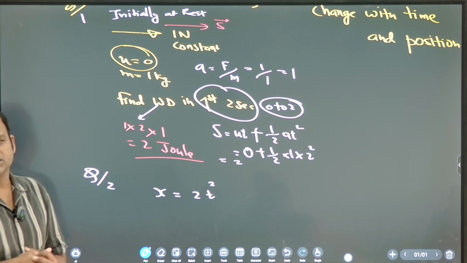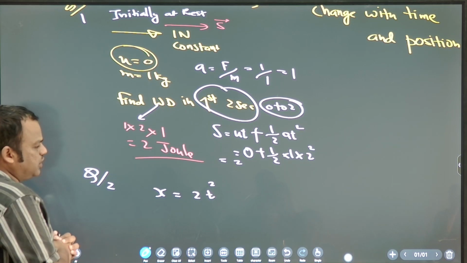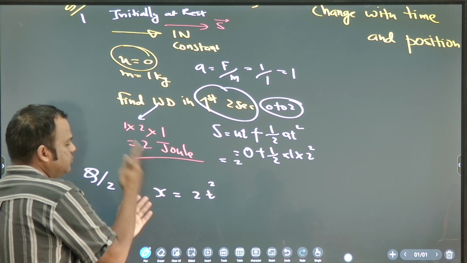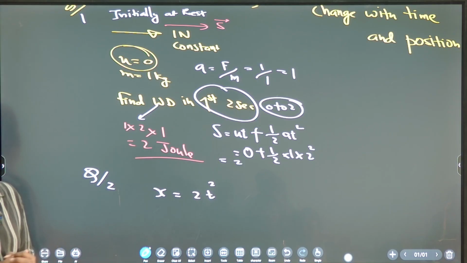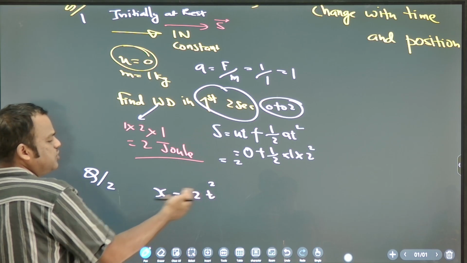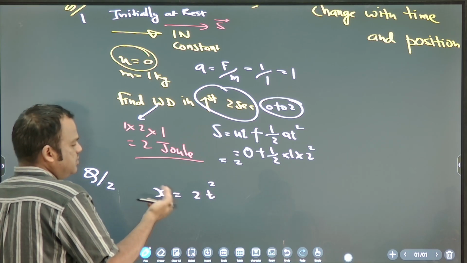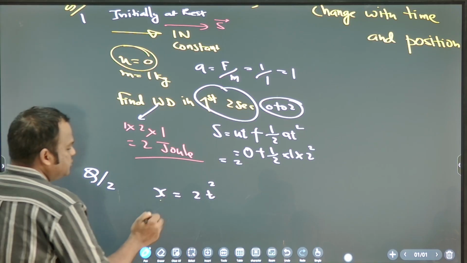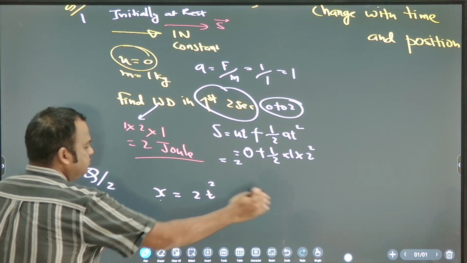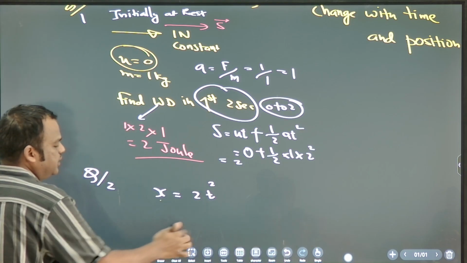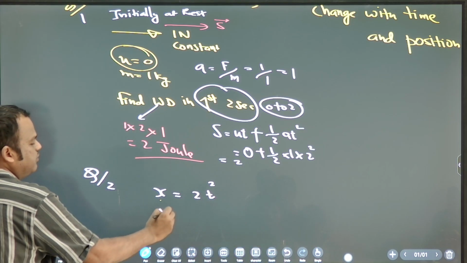What is this relation? If you change the time, x will change. Time 0 means x is 0. After 1 second, x is 2 meter. Very good. So position is changing, which means the particle is moving.